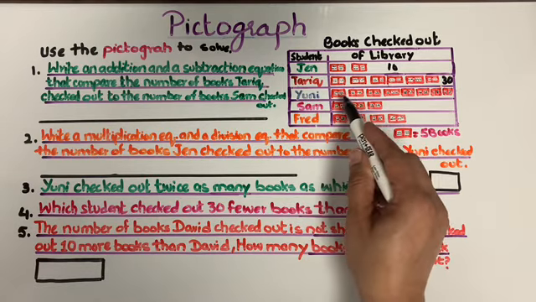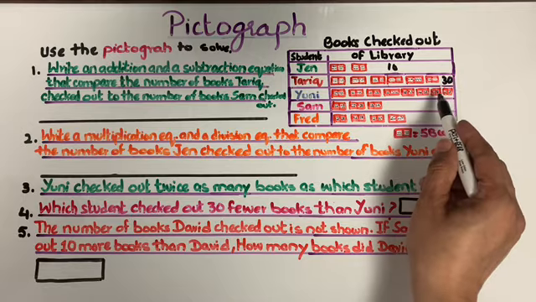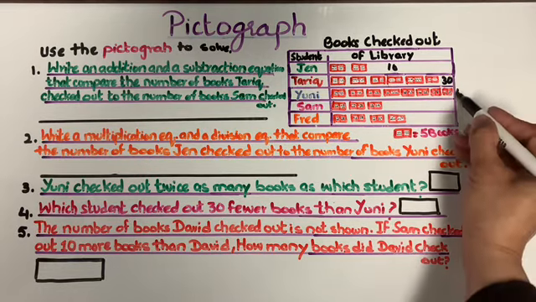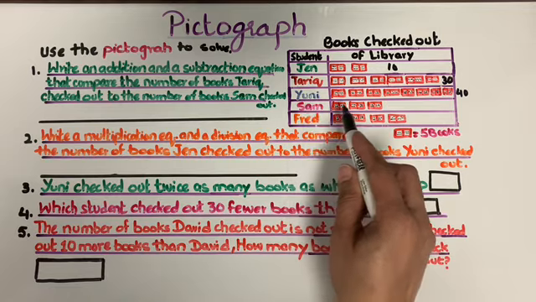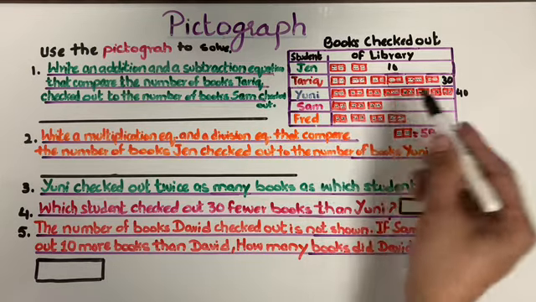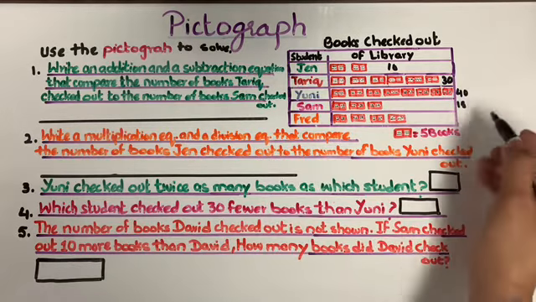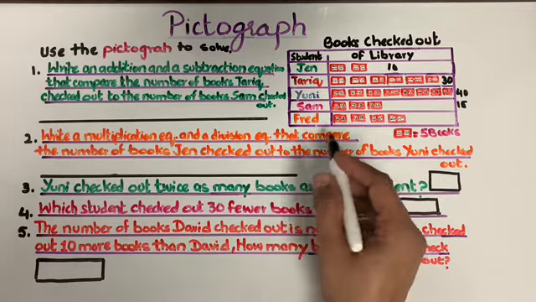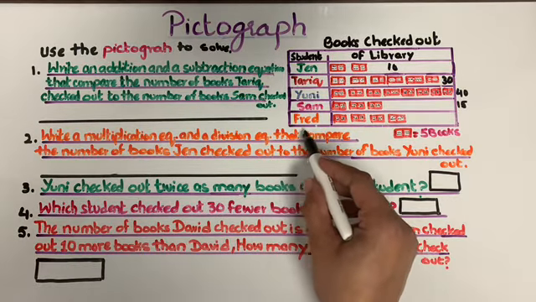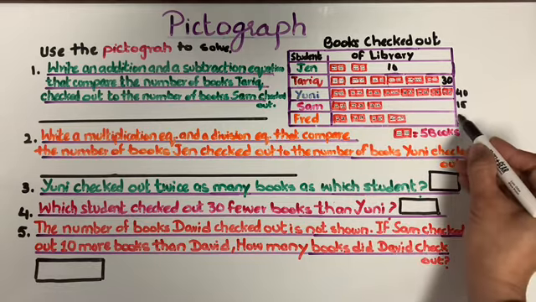Uni checked out 5, 10, 15, 20, 25, 30, 35 and 40. So 40 here. Sam checked out 5, 10, 15. Right, so 15, and at the end, Fred, 5, 10, 15, 20. So I'm going to write 20 here.